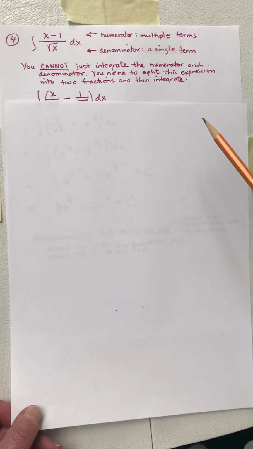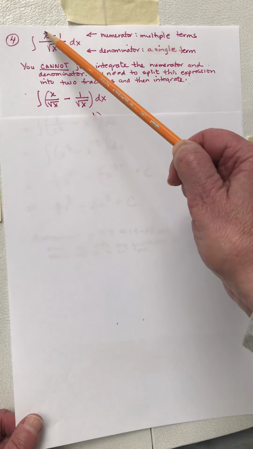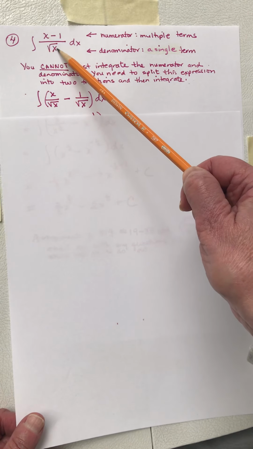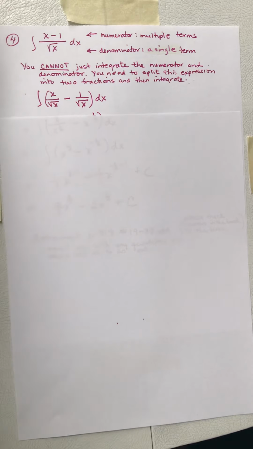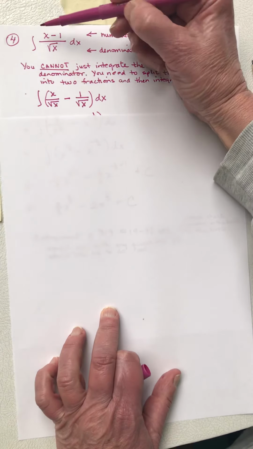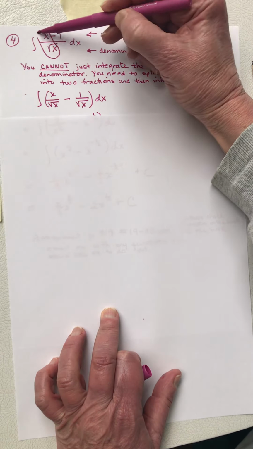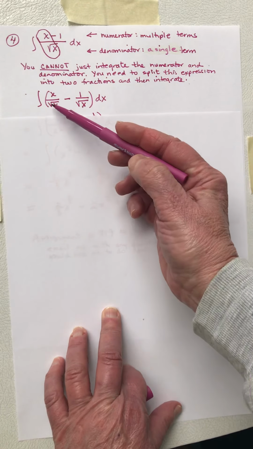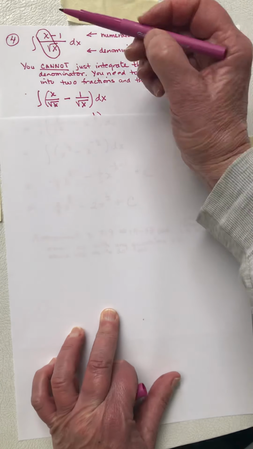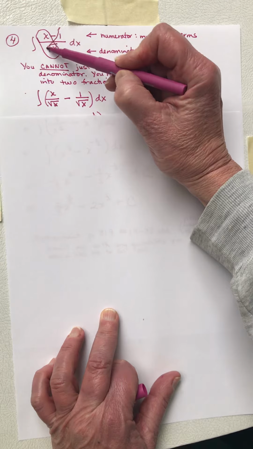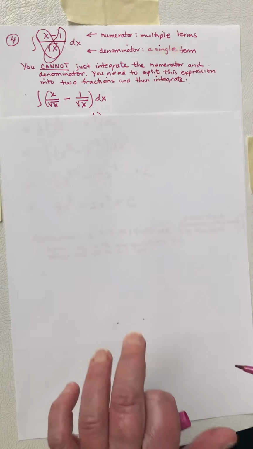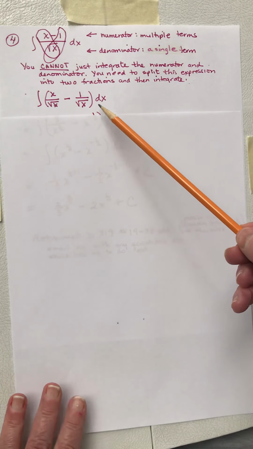And so here's how we do that. We take the x over the square root of x, and here, let me actually do that. This will be one expression for us, x over the square root of x, there it is. And the other one will be minus 1 over the square root of x. And that turns out to look like this.